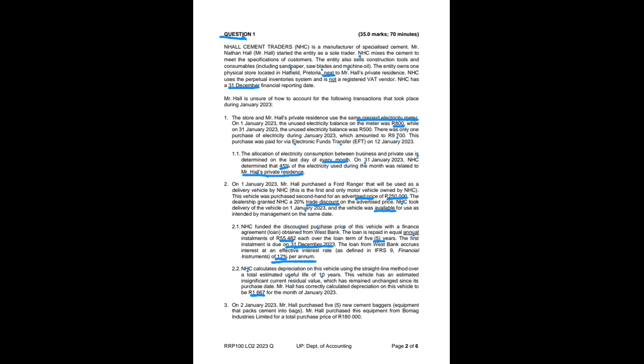Okay? In point 3, we say that on the 2nd of January, Mr. Hall purchased 5 new cement baggers, right? And then the examiner tells us here that it is actually equipment that we need to record. Just in case we were confused, they wanted to be very sure that we knew it was equipment. When we talk about cement baggers, it's not cement bags. I've noticed many students were recording inventory.